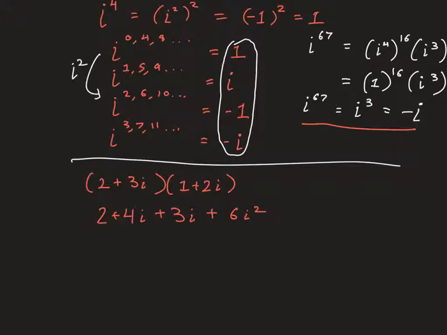And this is 2 plus 7i plus 6 times, whenever we see i squared, we know by definition of i, it's negative 1. And then we write it as negative 4 plus 7i. So that's cool how you just get another complex number of the form a plus bi when you multiply two complex numbers.